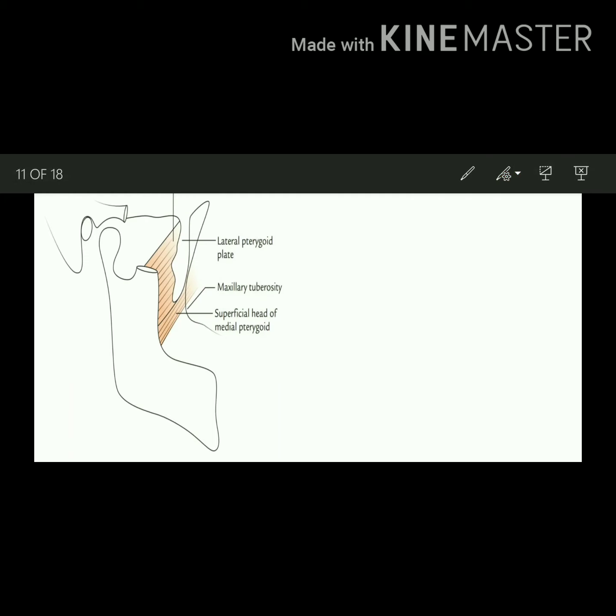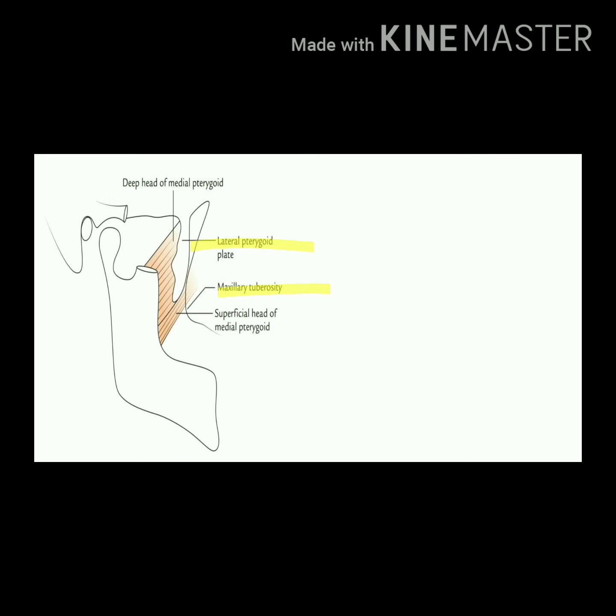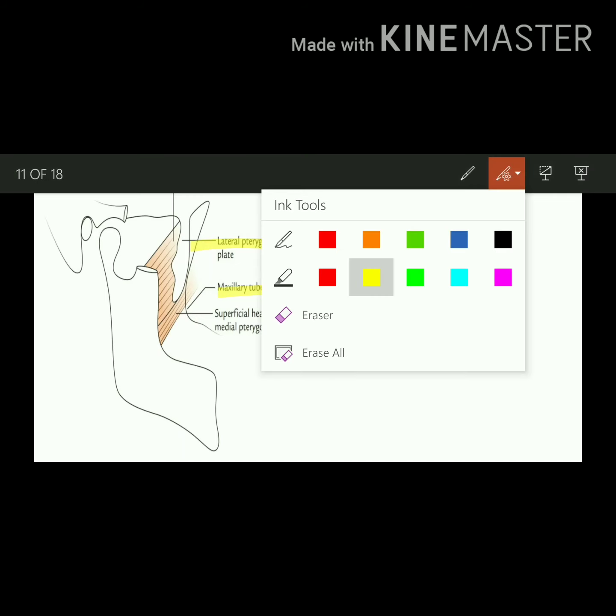It is the medial pterygoid. As already said, the medial pterygoid arises from the maxillary tuberosity. The superficial head arises from the maxillary tuberosity, and some part arises from the lateral pterygoid plate also. Next is the masseter. This masseter arises from the zygomatic arch and is inserted into the coronoid process.